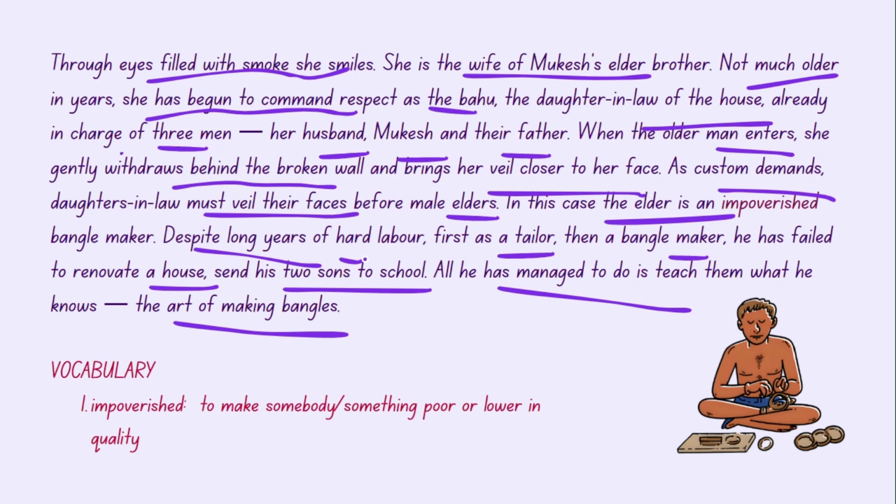All he has been able to do through his labor throughout his life is to teach them what he knows. And what he knows is the art of making bangles. That was all he had learnt, and that was all his previous generations have learnt and have stuck with.